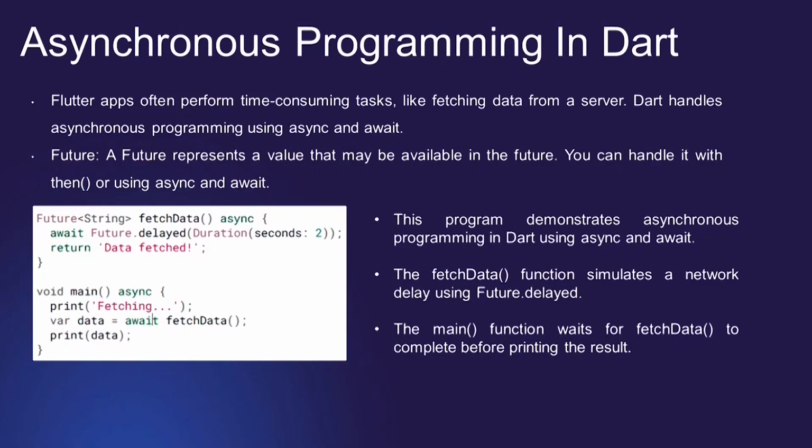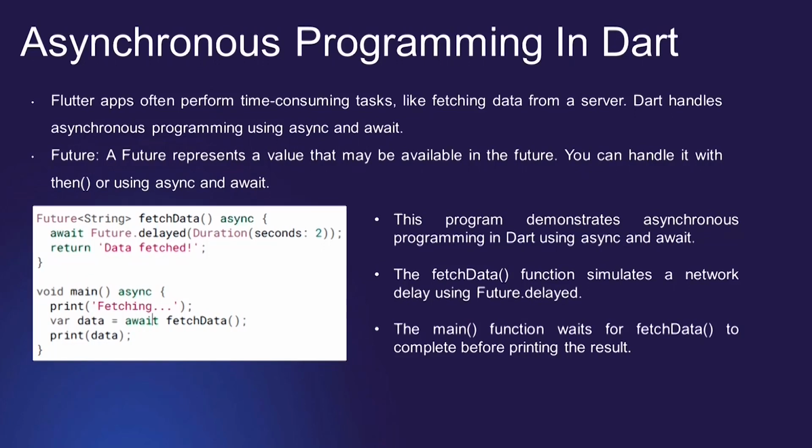So, a Future represents a value that may be available in the future. You can handle it with then, or using async and await. Now, let us try to understand this code. First we write Future and then we specify the return data type within the greater than and less than signs, which is String, and fetchData is the name of the function, which is of type async.